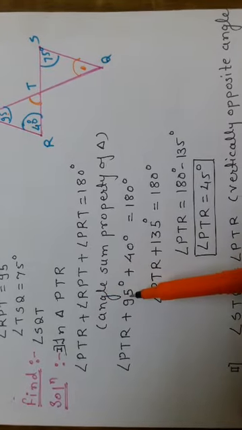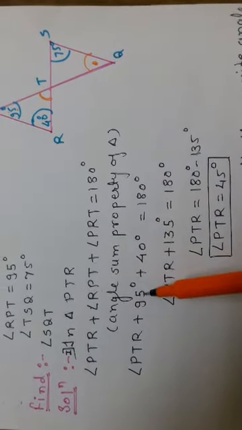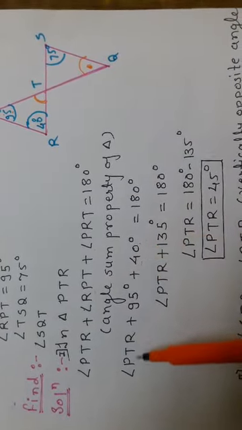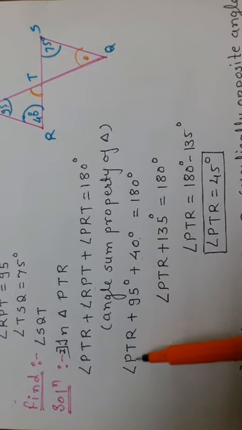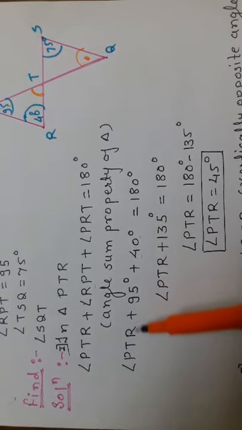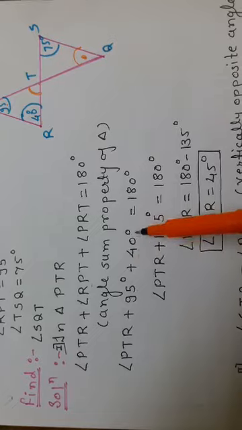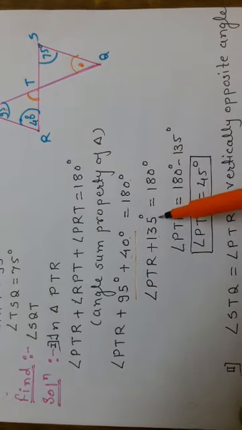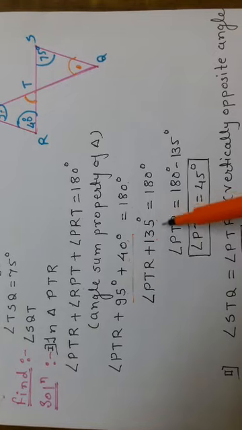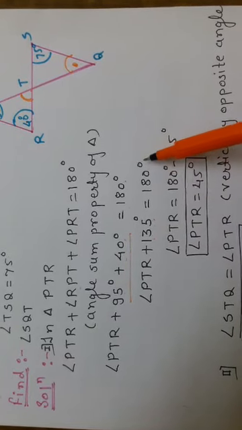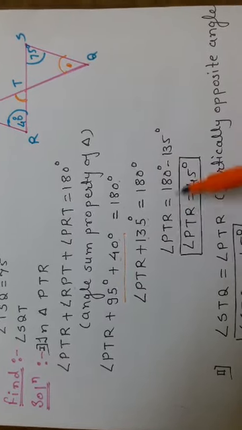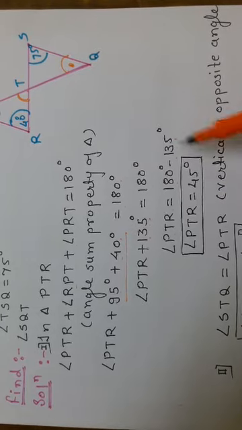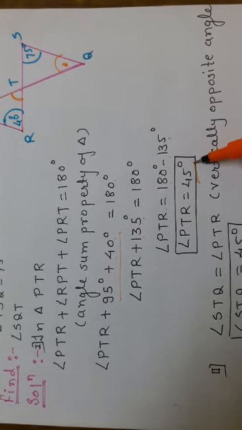The value of RPT is 95 degrees plus 40 degrees, as given. So angle PTR plus 95 degrees plus 40 degrees is equal to 180 degrees. The sum of these is 135 degrees. PTR plus 135 degrees is equal to 180 degrees. PTR is equal to 180 degrees minus 135 degrees. So we got 45 degrees.